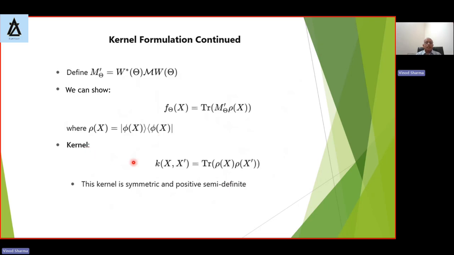We can show that this quantity K(x, x prime), defined as the trace of rho_x rho_x prime, where rho_x and similarly rho_x prime are here, can be shown to be a symmetric positive semi-definite kernel. This is how we can now use the kernel theory that we have been using before.